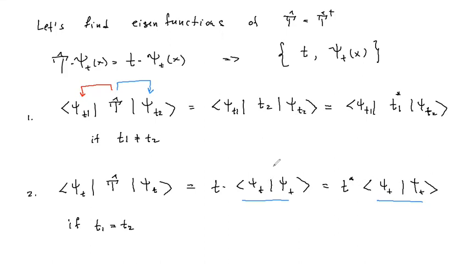This coefficient is just an integration of my psi T squared. If it's a normalized state, most likely this would be just 1. And the same is here. So the one conclusion I'm going to make is that T equals T star. What does it mean? It's a real number, yes?